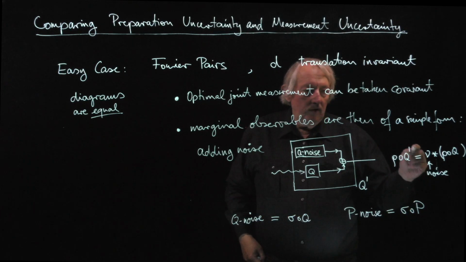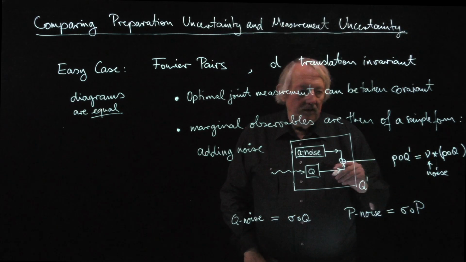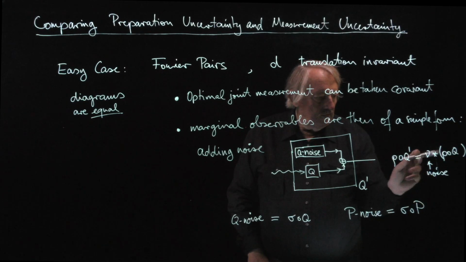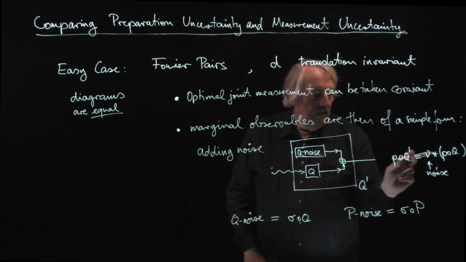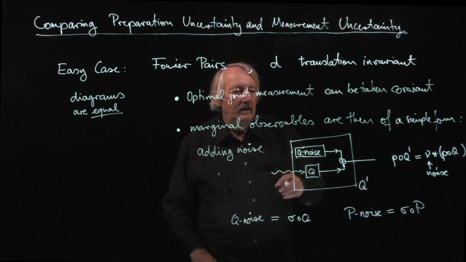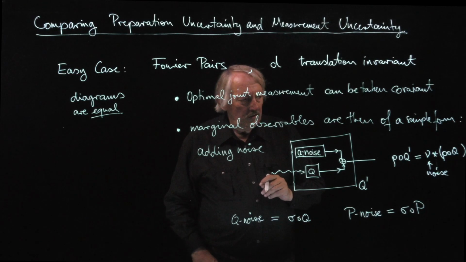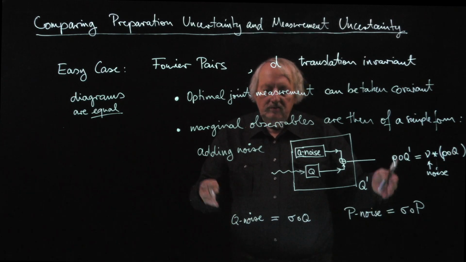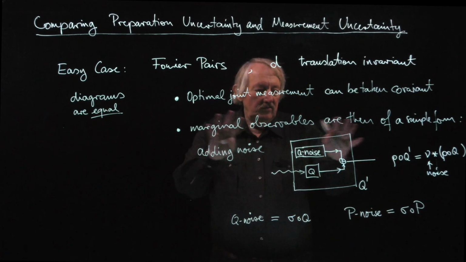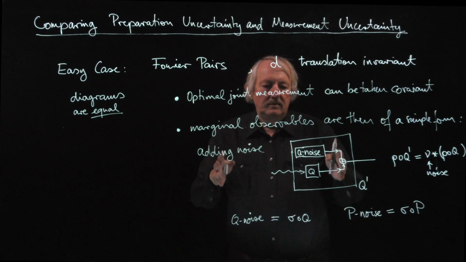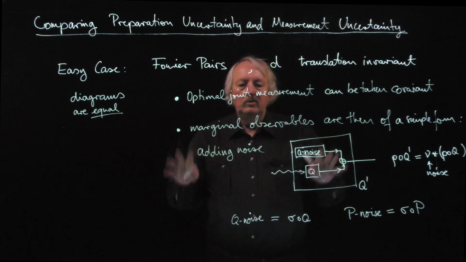And I gave the inequality in the talk about transport metrics that shows that the distance between these two guys is then the size of the noise, the deviation from the zero delta function of the noise. And this shows that preparation uncertainty and measurement uncertainty in all these cases have to be the same. What we're using here to show that is this translation symmetry, which is extremely strong, right?